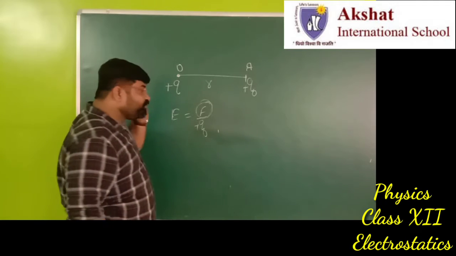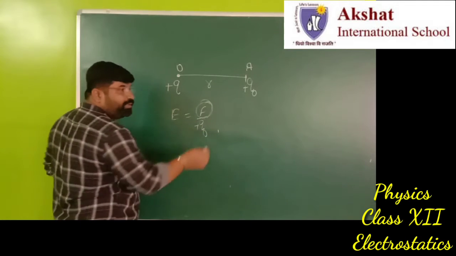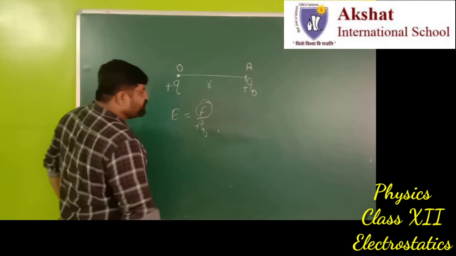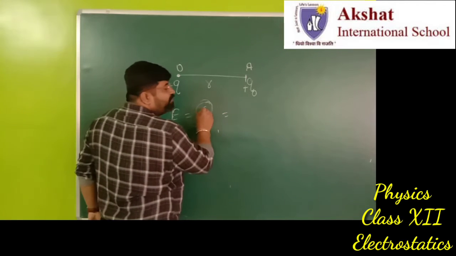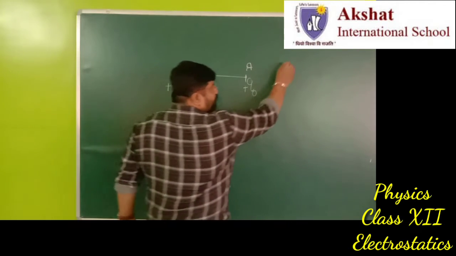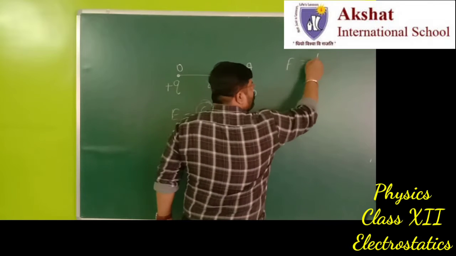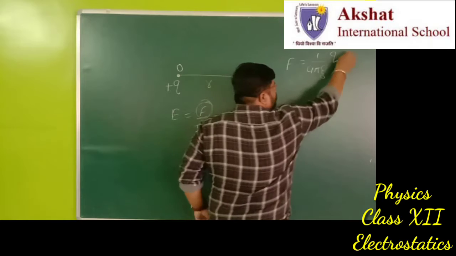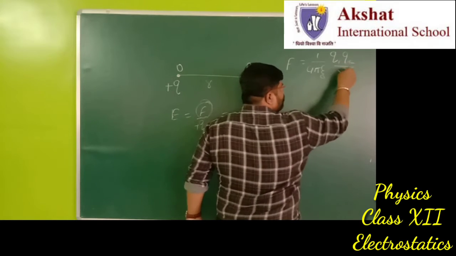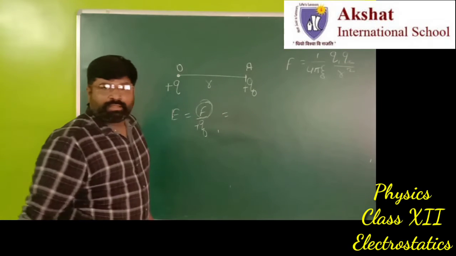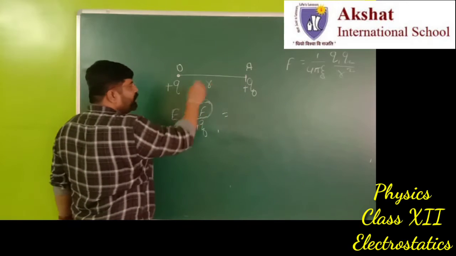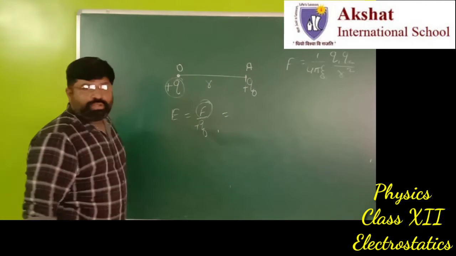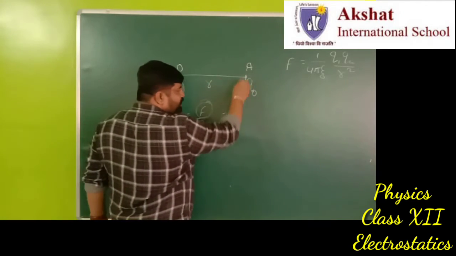The magnitude of this force was given by Coulomb, and we studied it in the previous video. I hope you remember that the force is 1 upon 4 pi epsilon naught q1 q2 upon r square. Here q1 is plus q and q2 is plus q naught.